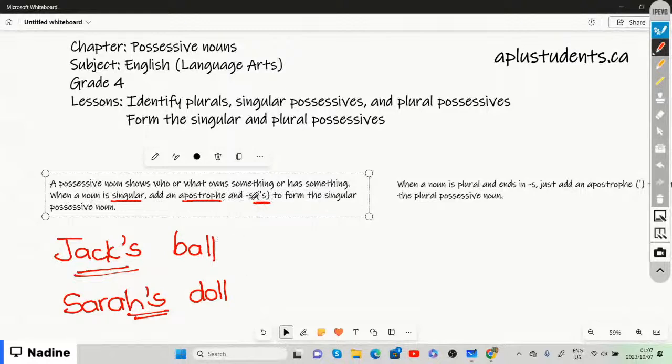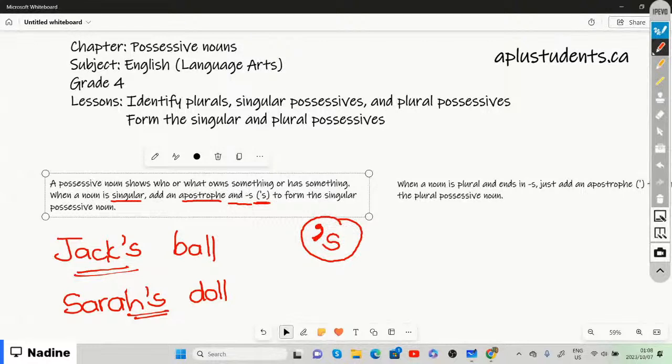We add the apostrophe and an S at the end of the word to form the singular possessive noun.